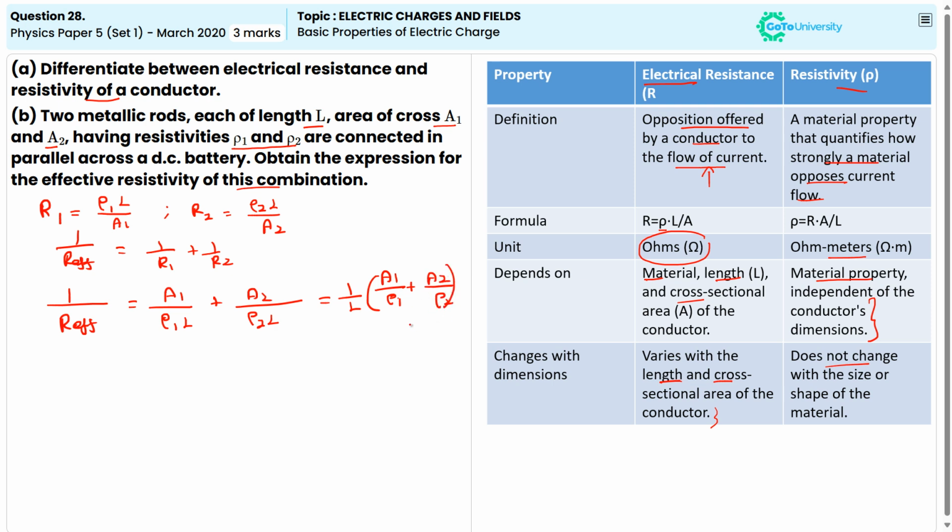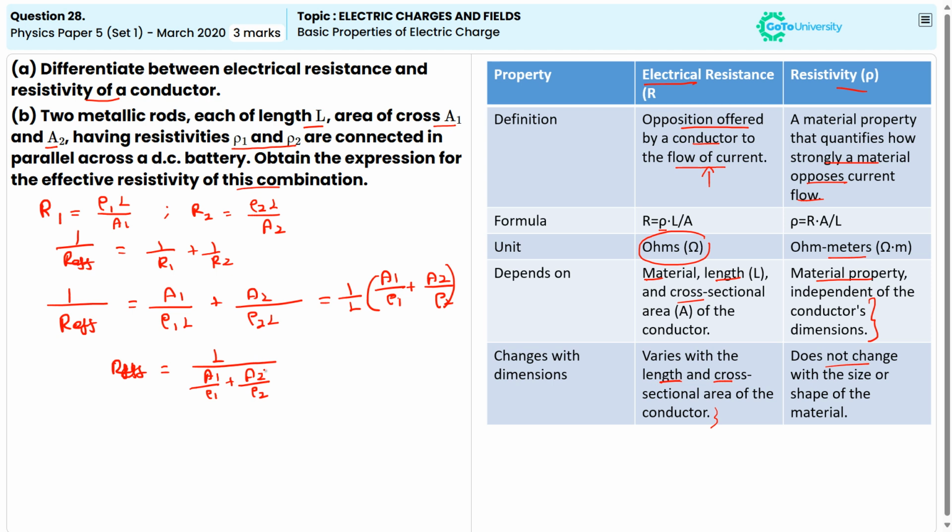This is the effective resistance, so R effective equals L divided by A1 by ρ1 plus A2 by ρ2.